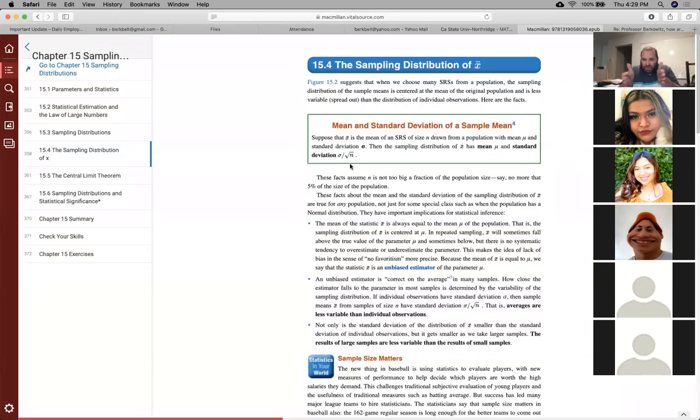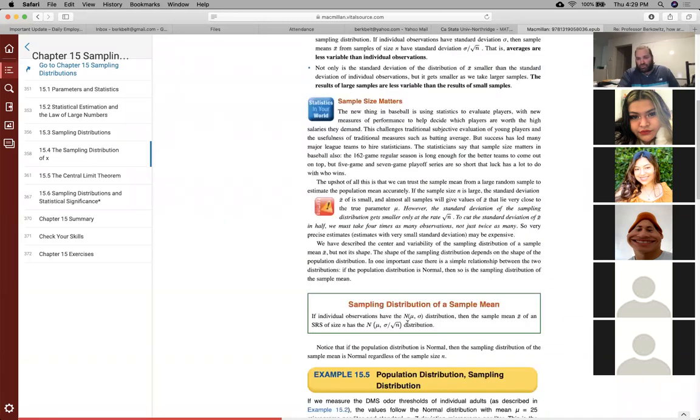It gets thinner in a very predictable way. So if we have a normal distribution whose mean is mu and whose standard deviation is sigma, and we take a sample of size n and use the sample mean instead, it will have the same center, the same mu, but it'll be much thinner because its standard deviation will get smaller.